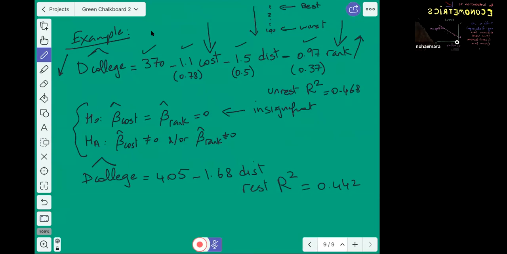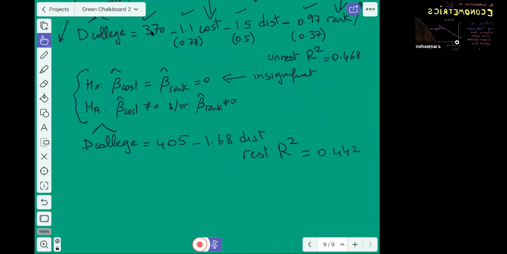Now let's plug all this information into the F and conclude whether I can assume that these are insignificant or not. So the F statistic uses the unrestricted R square minus the restricted R square. How many restrictions do I have?